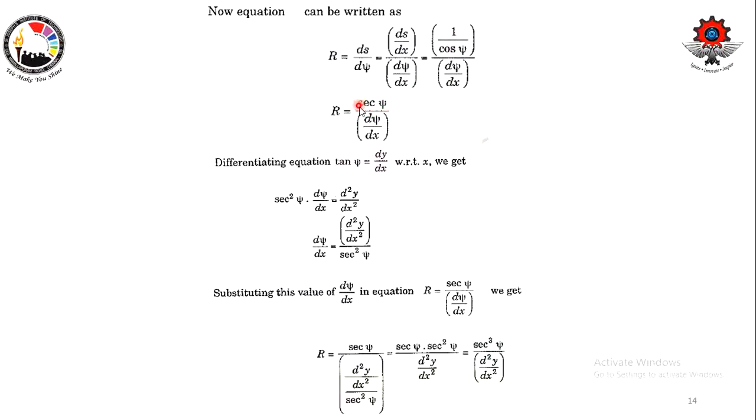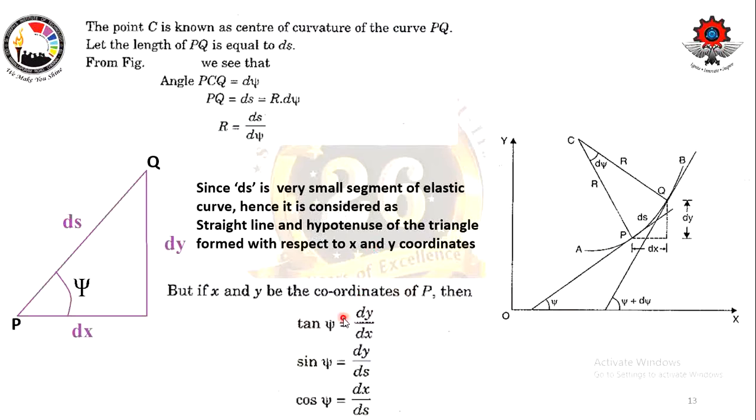Now from this equation, we know that 1 by cos psi is secant psi, a trigonometric relation, so we have secant psi by d psi by dx. Next, we differentiate the equation tan psi is equal to dy by dx, which we have already got.